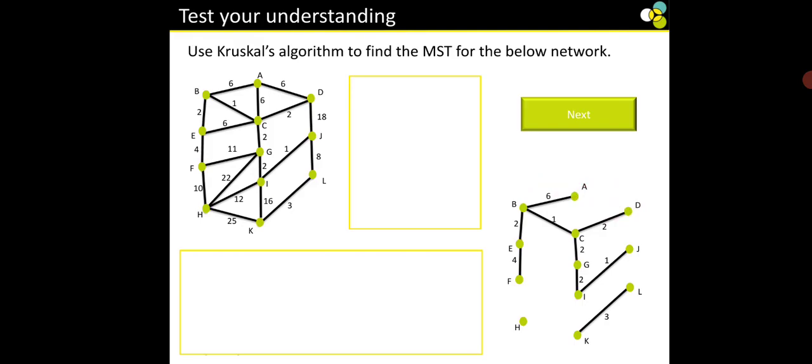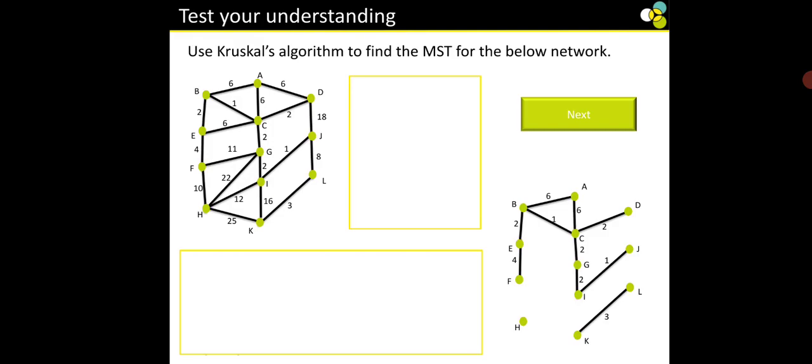But if we are adding A to D, it is just creating a cycle. So Kruskal algorithm ensures that while adding the edges, it should not create a cycle. So we have to ensure that. So we just backtrack that A to D. We are going to check with the next smaller edge.